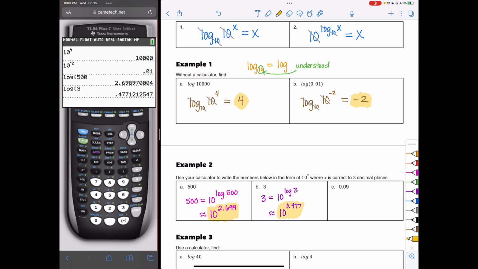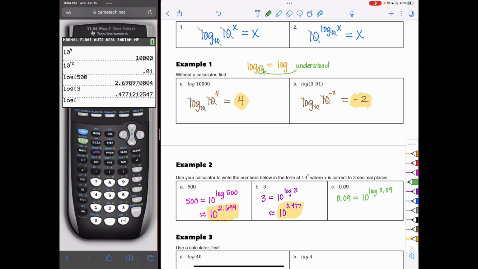And then last but not least, for part C of example 2, I know that 0.09 is going to be equal to 10 to the power of log of 0.09. The base 10 and the log with the base of 10 are going to cancel out, of course, so I know that those are equivalent.